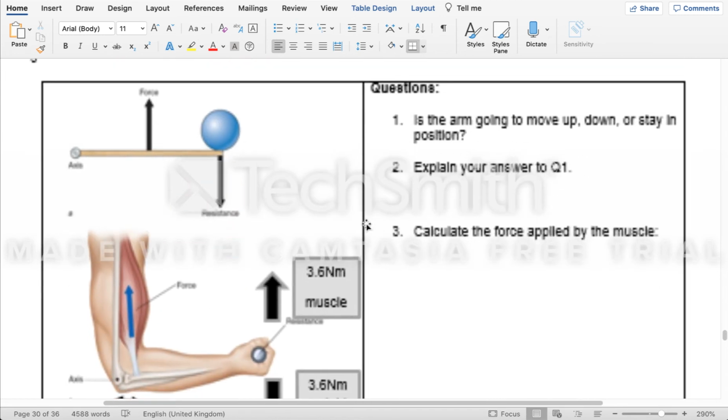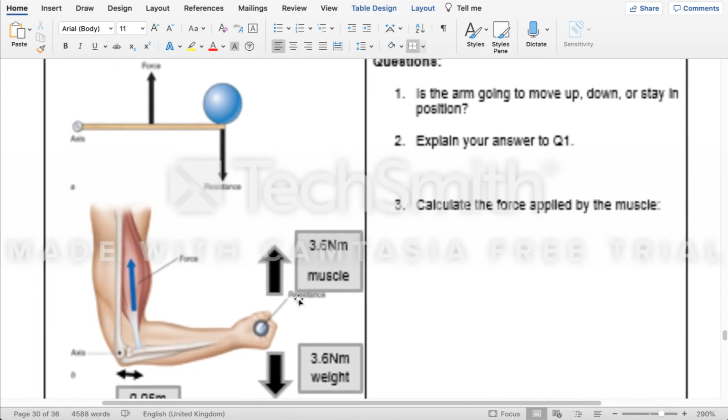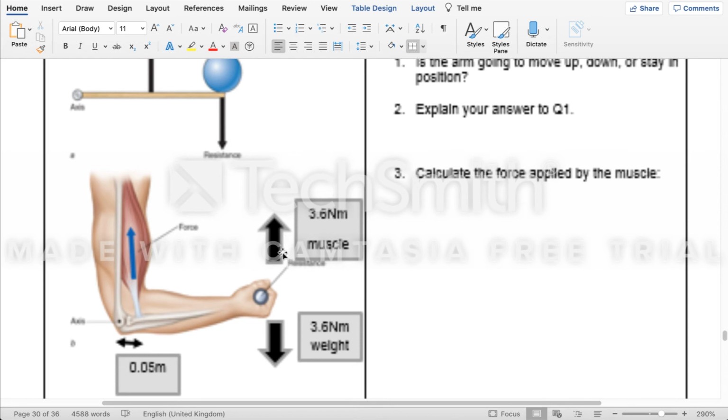So does that fill the criteria? The upwards moment is the same as the downwards moment, and you'll notice they're going in separate directions. That's the reason this arm is not going to move: both moments going in opposite directions are equal to each other.